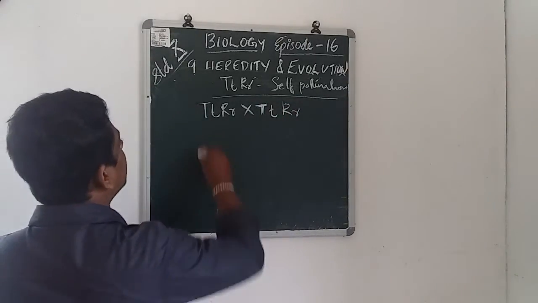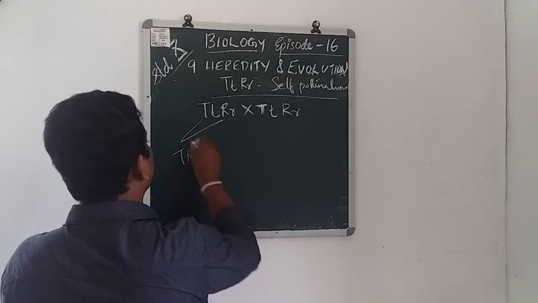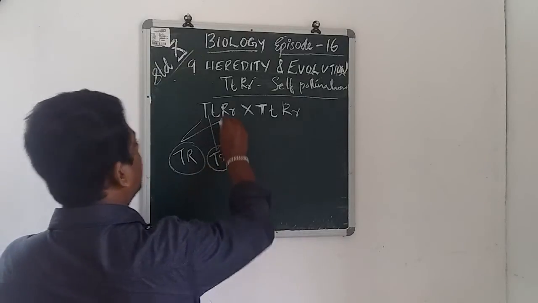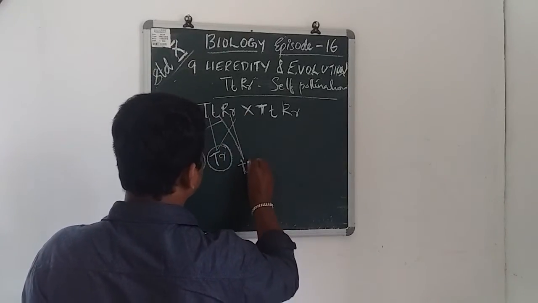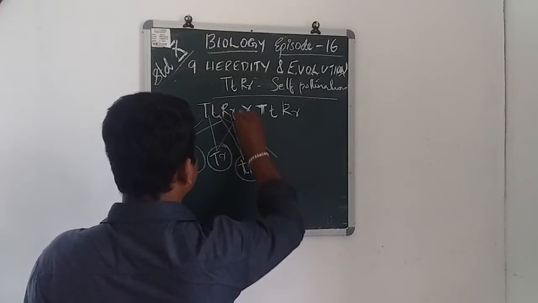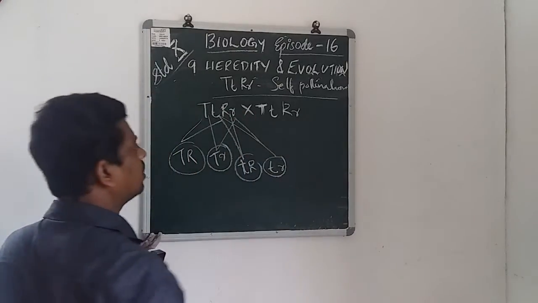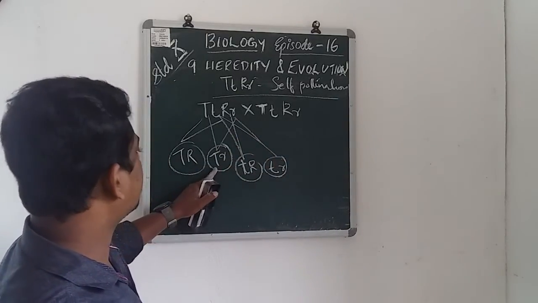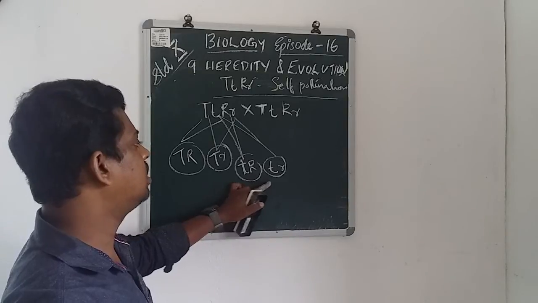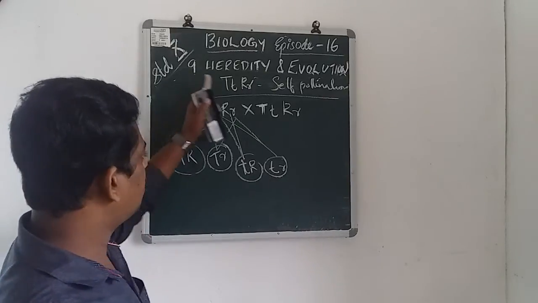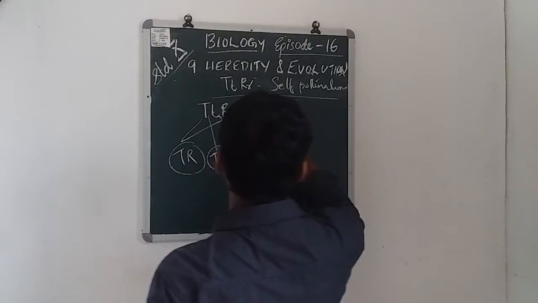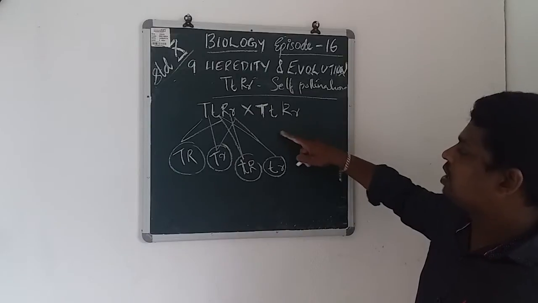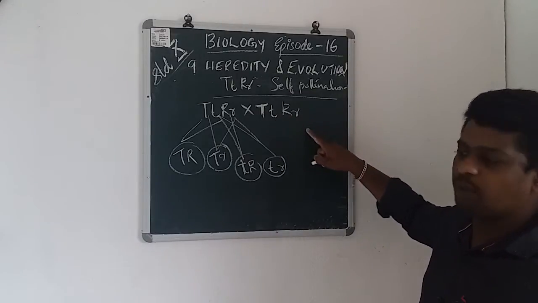The gametes are, look at that, capital T, capital R, one gamete, and capital T, small r is the second, and small t, capital R is the third one, and small t, small r. The other side is also the same: capital T, capital R, capital T, small r, small t, capital R, small t, small r.